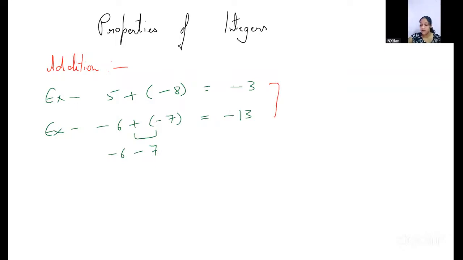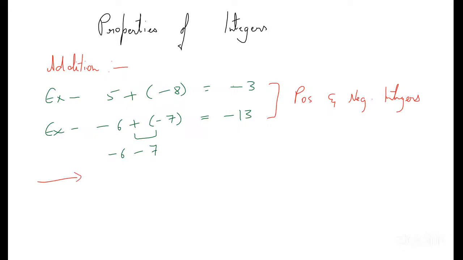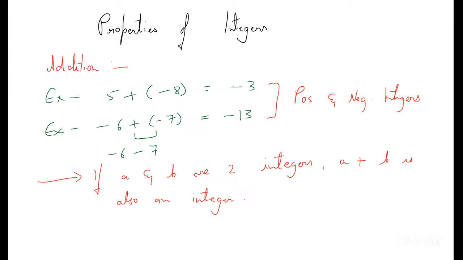So that is my property, which says that if A and B are two integers, then when we do A plus B, when we add them, it is also an integer. Okay, this is a property.